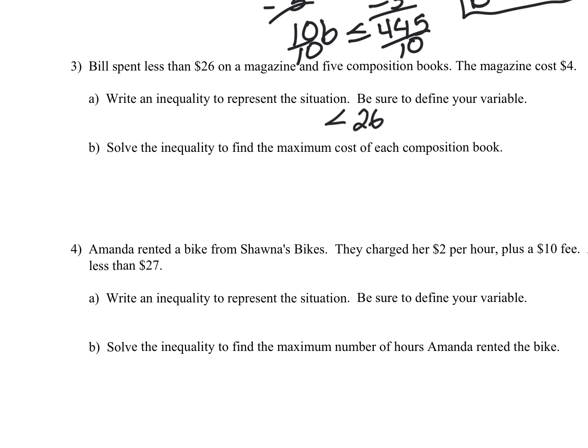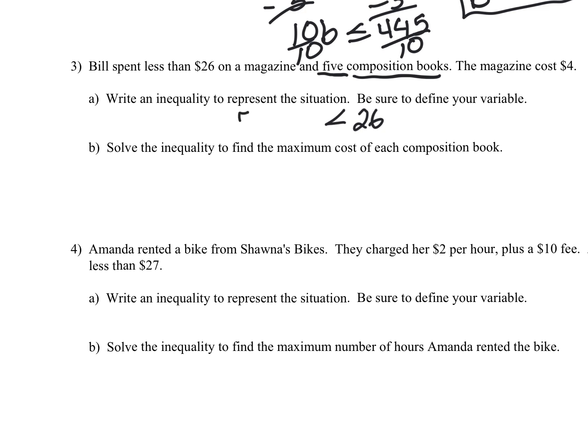That means the stuff on the left-hand side of this inequality has to be smaller than 26. On a magazine and 5 composition books, the magazine cost $4. That one we know the cost of. The other 5 composition books, we don't know the cost of.